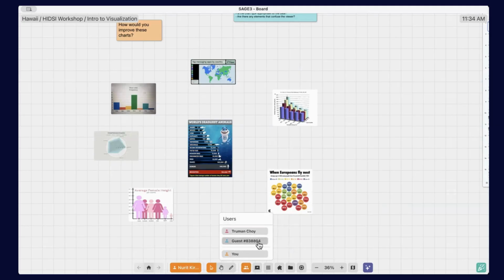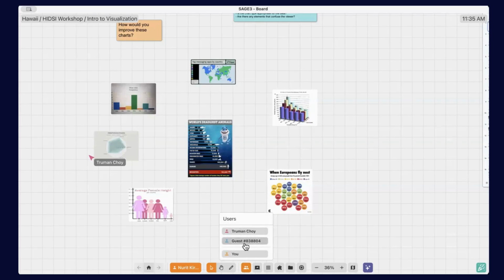So I see there's a guest. I'm not sure that as a guest you'll be able to add things to the board, but you'll be able to at least look at stuff and download it. But hopefully, I think some of you are aware that Sage was a prerequisite to this workshop.